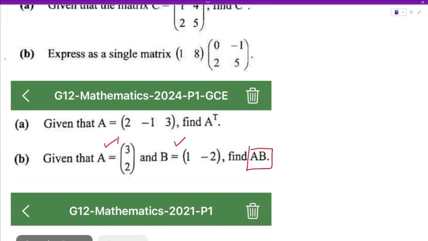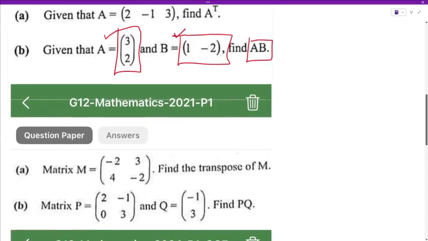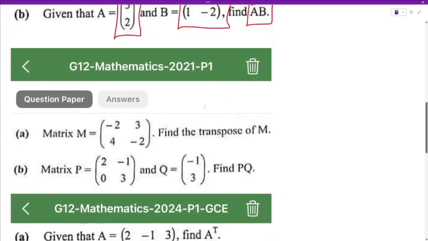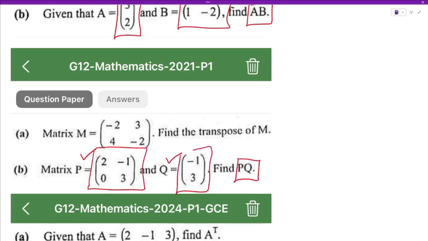So when you're copying, you just say matrix A times matrix B. This is usually the norm. The next one is the same thing. They give you matrix P first, then matrix Q, and ask you to find PQ. So you just say this matrix times that matrix.